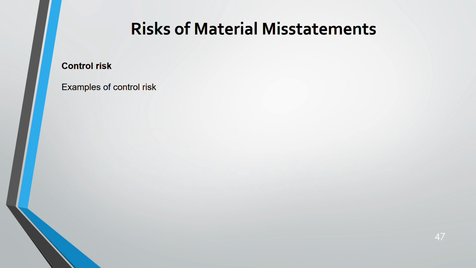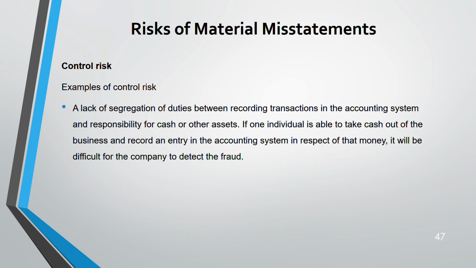Now, examples of control risk. First, a lack of segregation of duties. Think about control. When you have segregation of duty, that means you have a control.